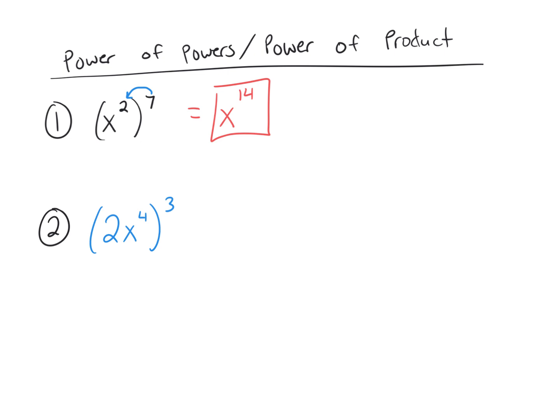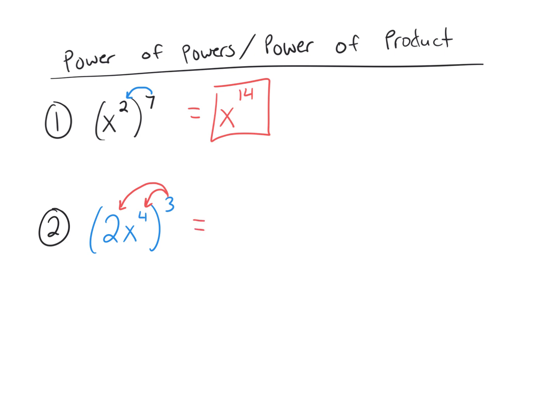Distribute it to what? I agree with the 4. What else? We also need to do it to the number in front, because we have to do it to both terms on the inside.